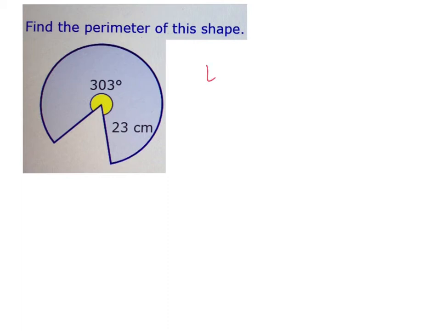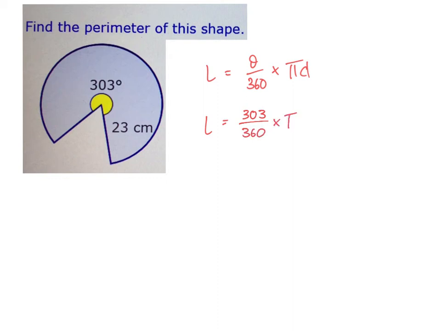And the arc length is whatever fraction, so theta over 360, of the circumference, pi d. So to get the arc length here, the angle we're dealing with is 303 degrees out of 360. So the fraction is 303 out of 360.